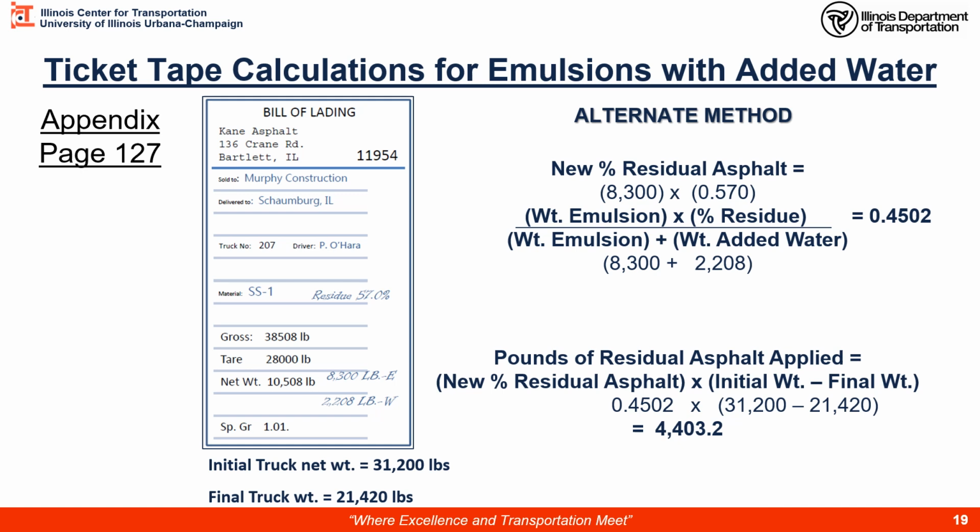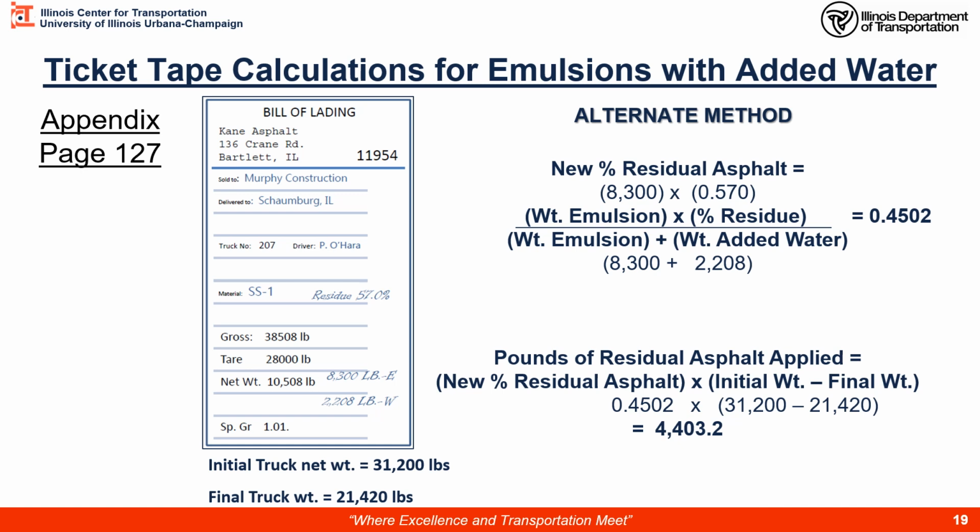So the first thing we need to do is calculate this new residual percent asphalt that we have from this blend. So we need our weight of asphalt emulsion from the original weight, which is 8,300 pounds, times the residue rate, which is 57% or 0.57.